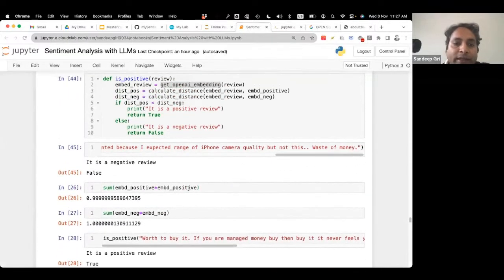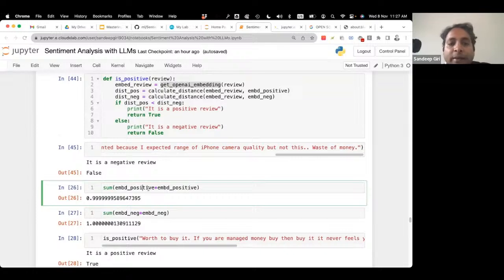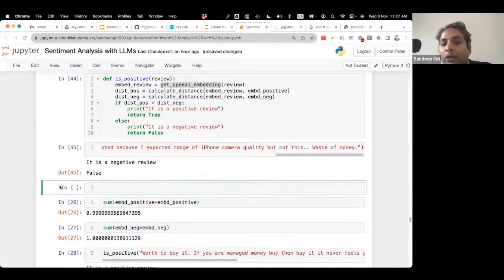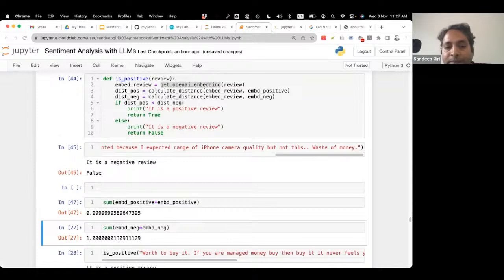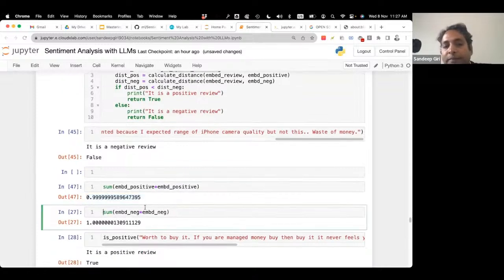So if you take a look at it, I'm saying embedding positive multiplied by embedding positive. It's going to basically multiply all the values with itself, and it turns out to be almost 1. Similarly, this is another embedding that we have.